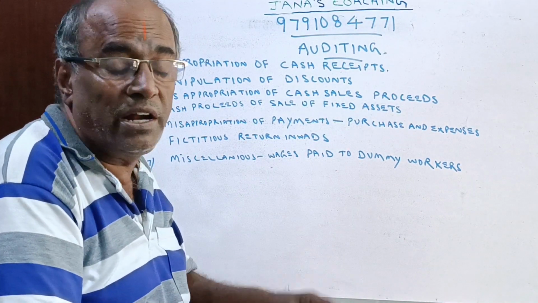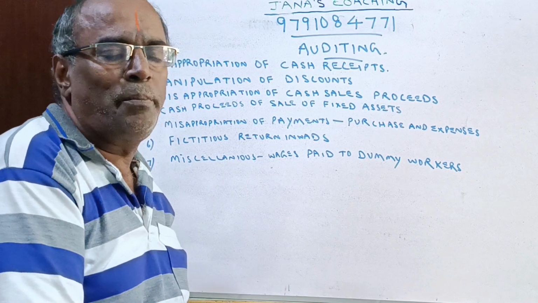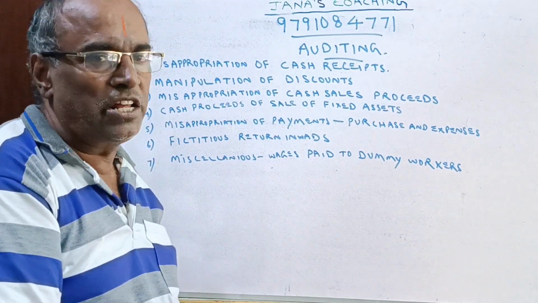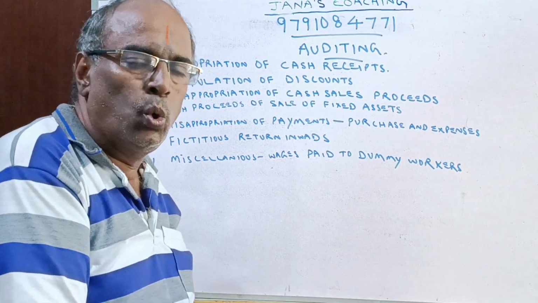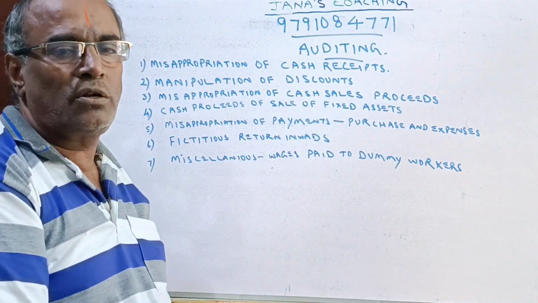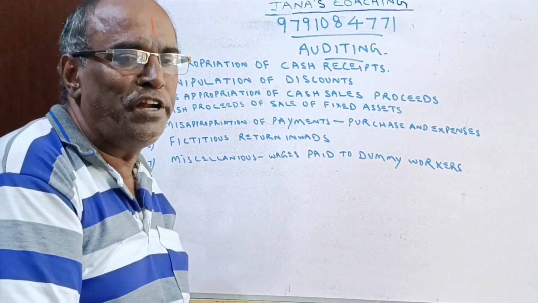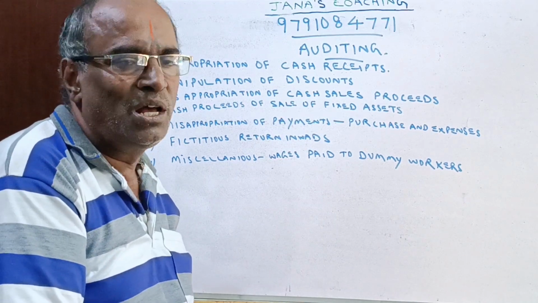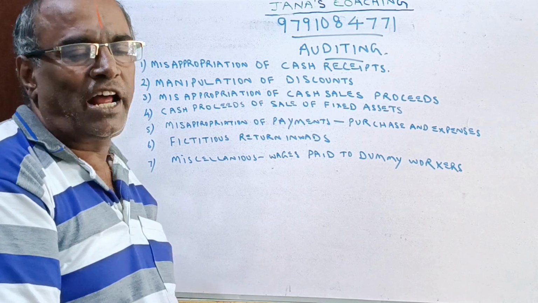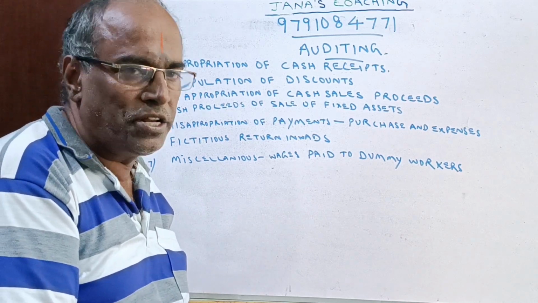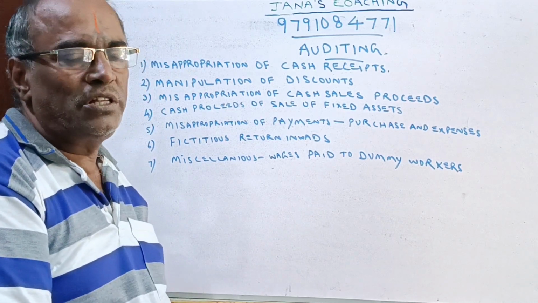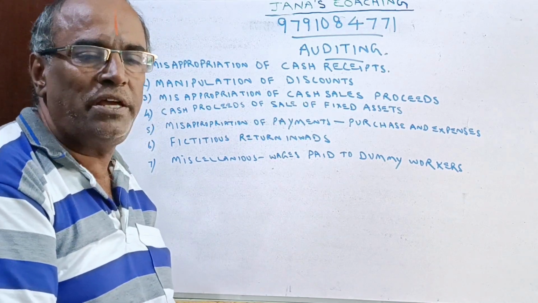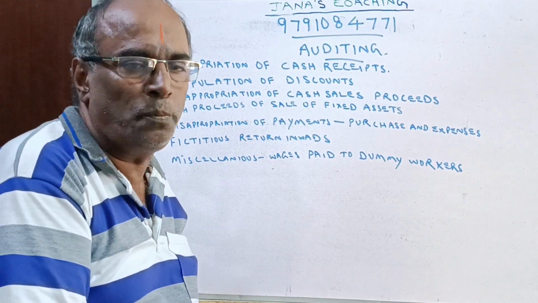Then misappropriation of payments. This is purchase and expenses. When you are making any payment for buying raw material to process or manufacture any finished product, the company is buying the product. So at the time of buying the raw material, they are paying, for example, 2,500 rupees.